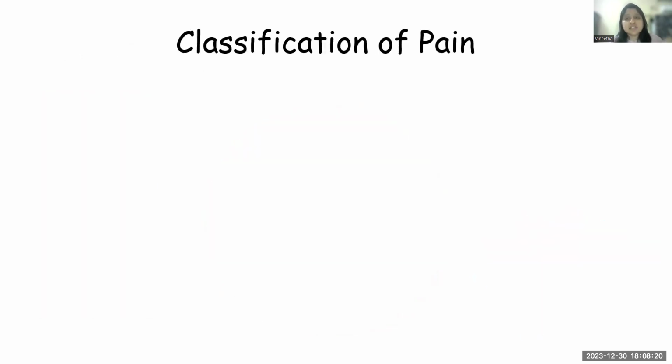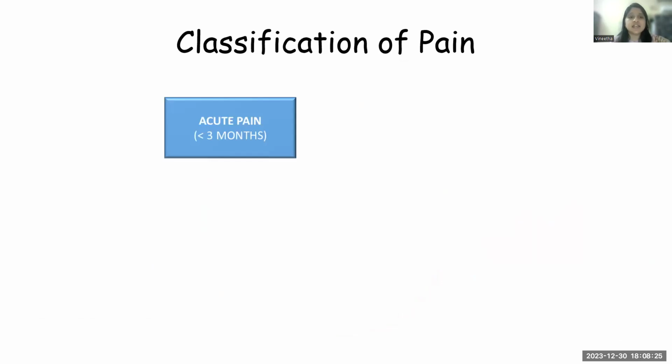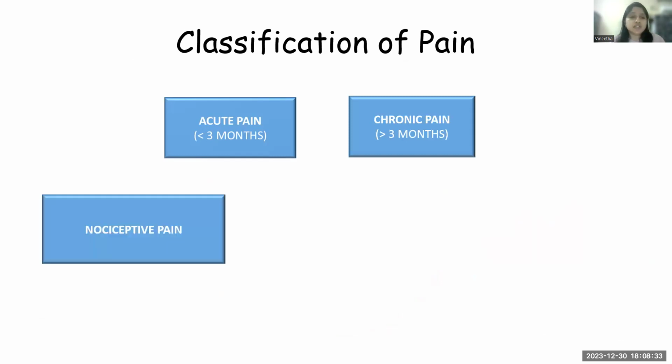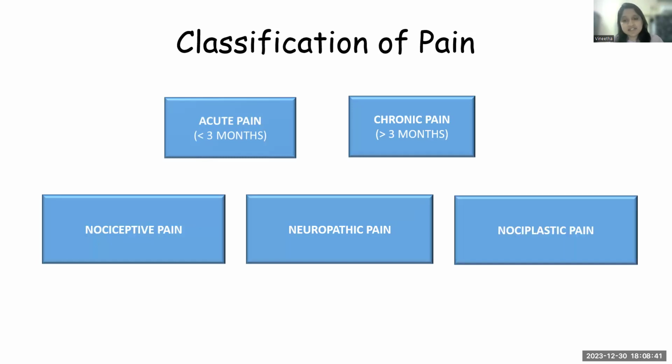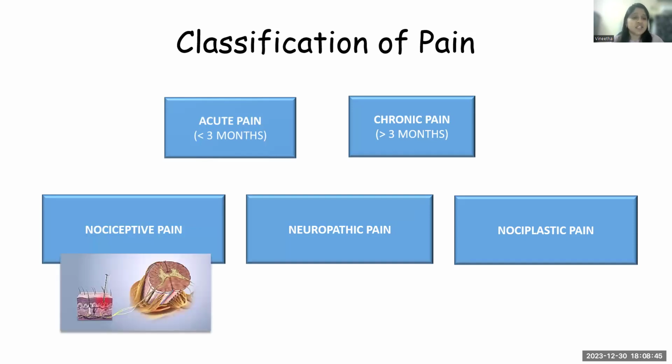Now coming to the classification of pain. The temporal classification is into acute and chronic. Acute means less than 3 months and chronic means more than 3 months. Another classification, based on the pathophysiology, is nociceptive pain, neuropathic pain, and nociplastic pain. Nociceptive pain occurs when noxious stimuli activate or damage the tissue nociceptors.